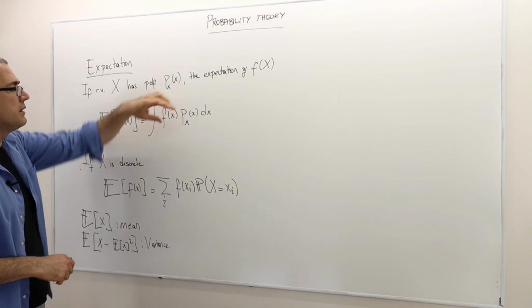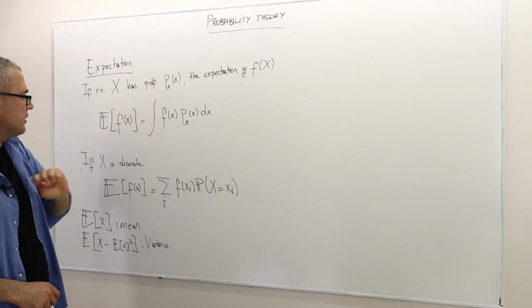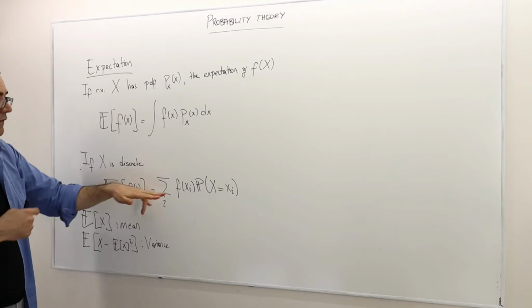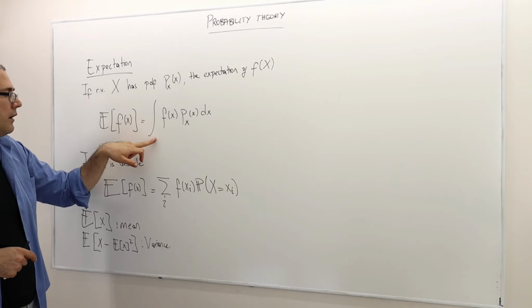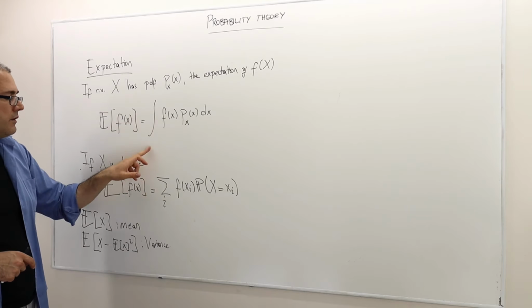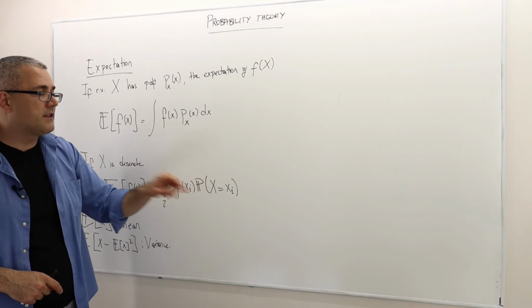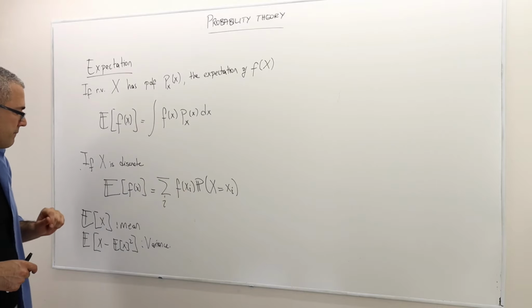This is the PDF and this is the function. If x is a discrete random variable, however, the expectation is a finite sum instead of a continuous sum: the sum of f(xi) times the probability of x being equal to xi.